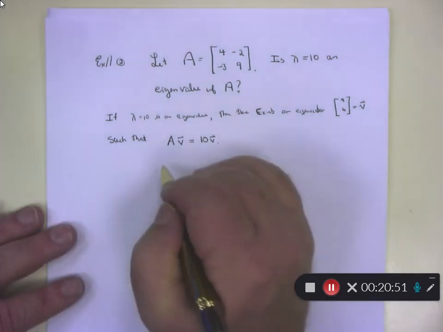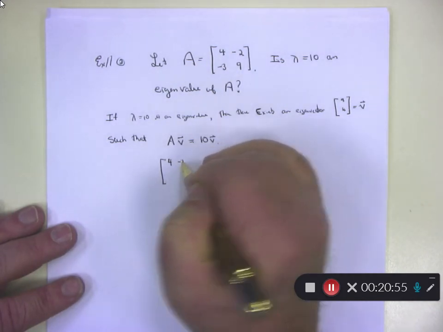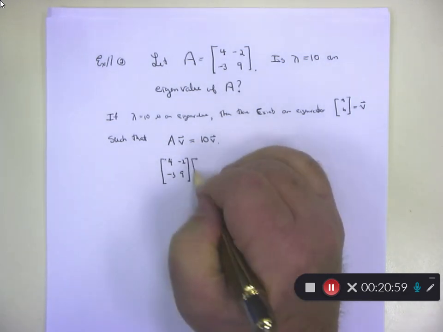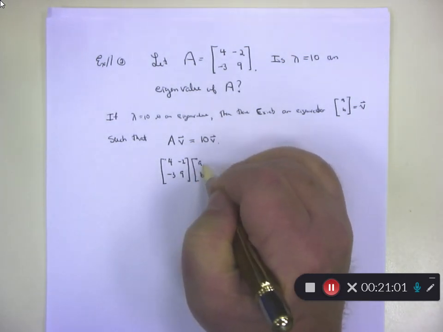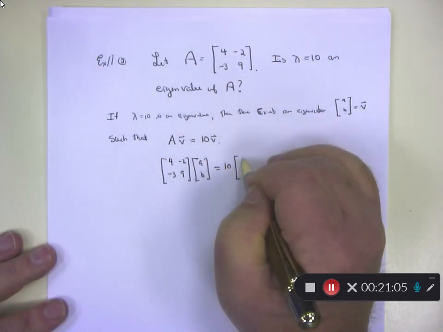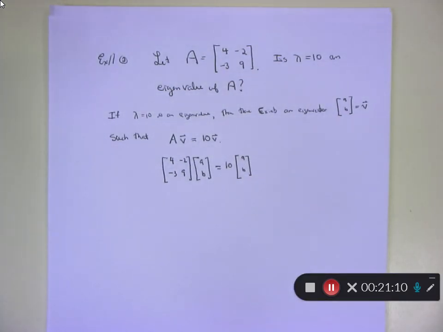But A is this, 4, -2, -3, 9. Vector V is this arbitrary (a, b) vector. It's got to be equal to 10 times this arbitrary (a, b) vector. Does that make sense?